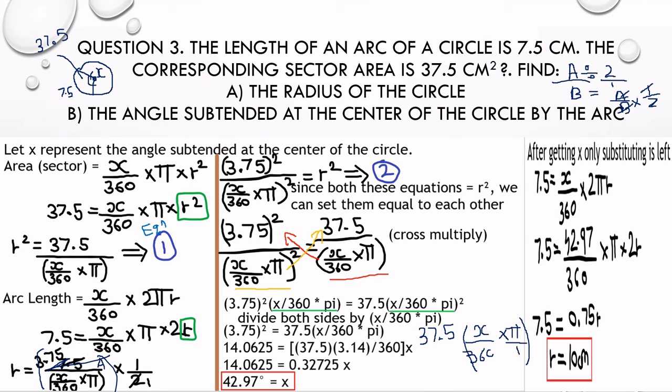Over here, something like this. So x pi upon 360. I will have to erase this entire thing, I have no other space, and I will get here x pi upon 360.